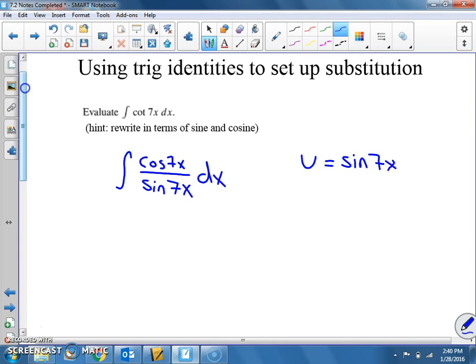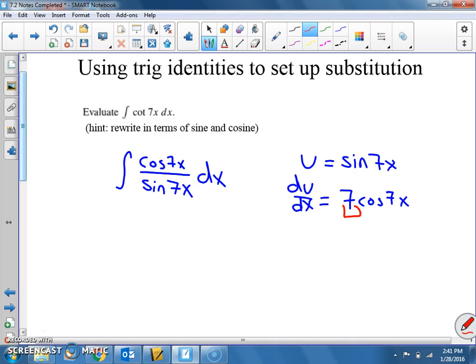And then du dx, so the derivative of sine of 7x would be, what kind of rule? Chain rule. Okay, so what would the derivative be? 7 cosine of 7x. Okay, so what am I missing in this integrand here? I've got the cosine of 7x, I'm missing the 7.